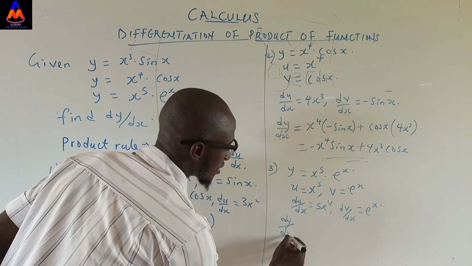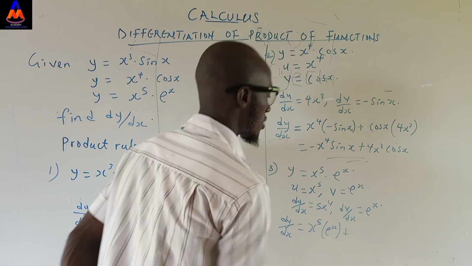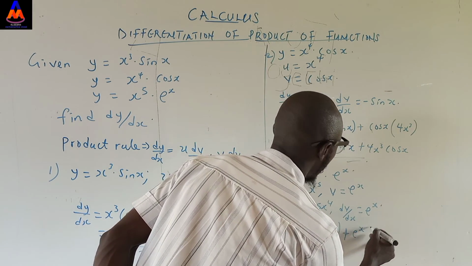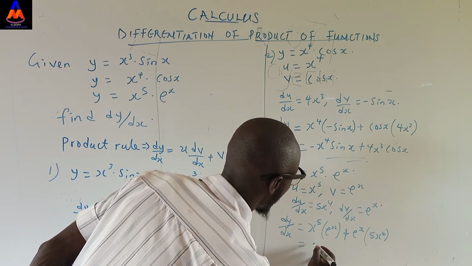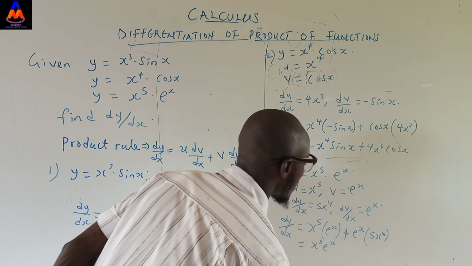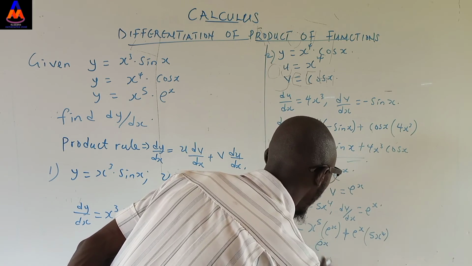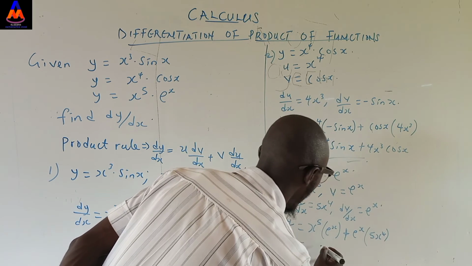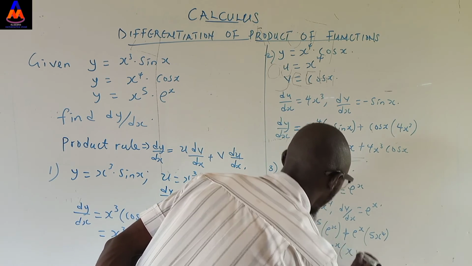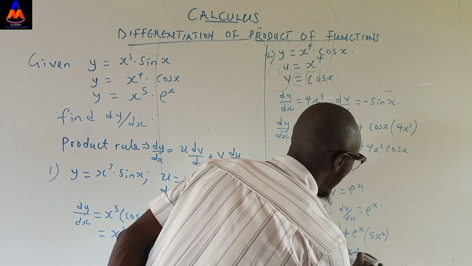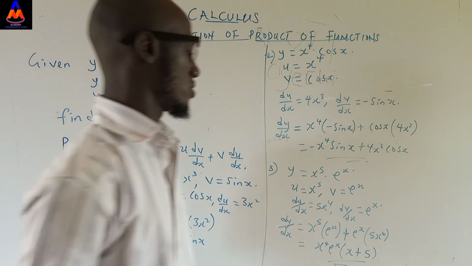So dy dx is u dv dx, which is s to the power 5 exponential x, plus my v du dx, which is 5s to the power 4 exponential x. Then we can just factorize exponential x, and s to the power 4 is common: s to the power 4 exponential x times (s plus 5). It's just factorizing that we do here.